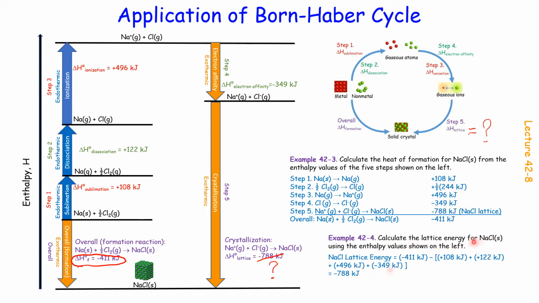The answer should be the lattice energy for sodium chloride, and that's negative 788 kilojoules. Therefore, you can also use the Born-Haber cycle to calculate lattice energy, not just the ΔH of formation reaction.